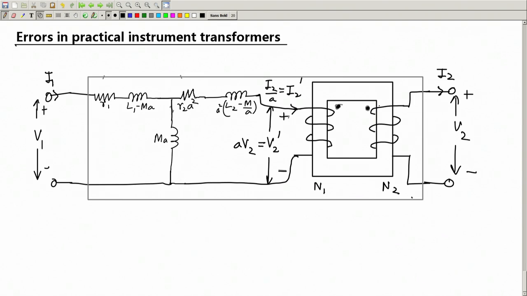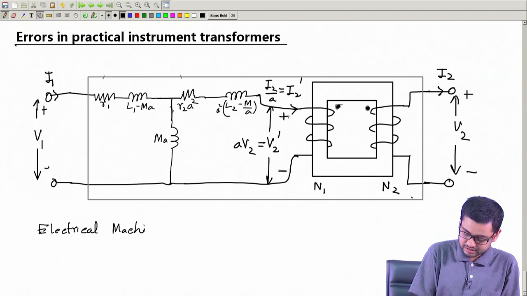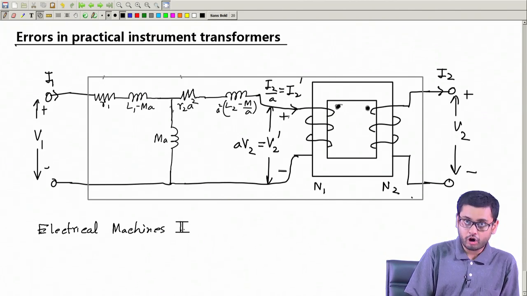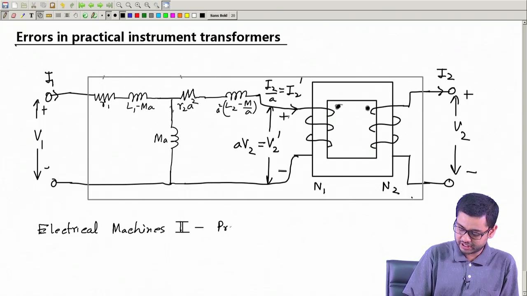Yesterday, in an additional video, we tried to develop the equivalent circuit very quickly. We did it in a rush, and if you want a better understanding, I will refer you to the video lectures on Electrical Machines 2 offered by Professor T.K. Bhattacharya.